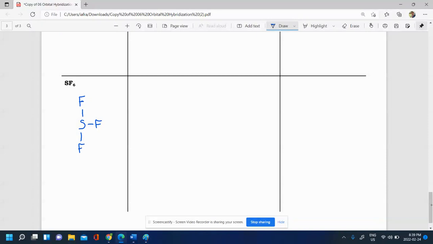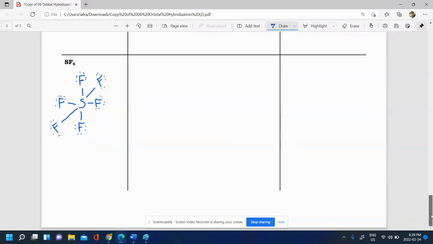And we'll put our lone pairs. And now we have our Lewis structure for SF6.